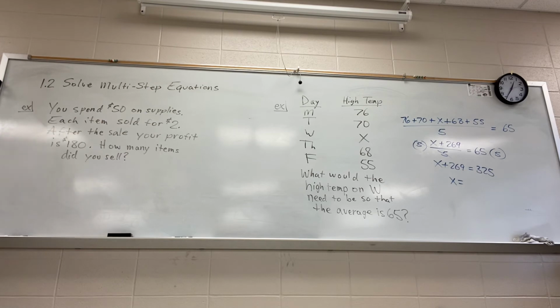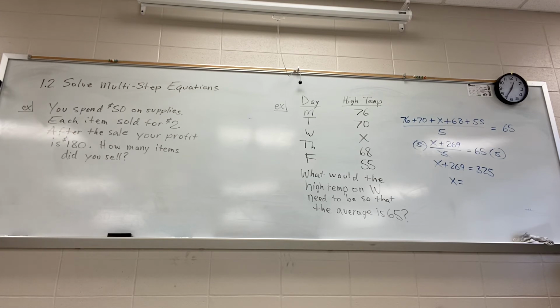Would it be 180 minus 50 divided by 2? Possibly. How are you coming about that? Because they spent $50 on supplies, to cancel it out you'd subtract it from 180, paying back what you spent, and then divide by 2.